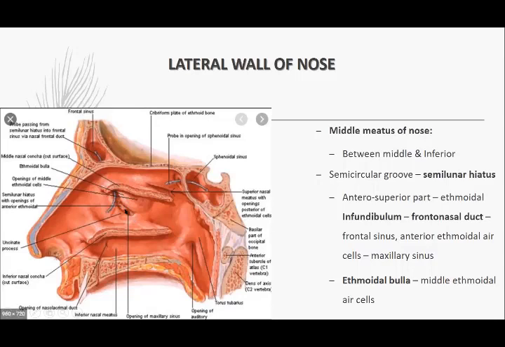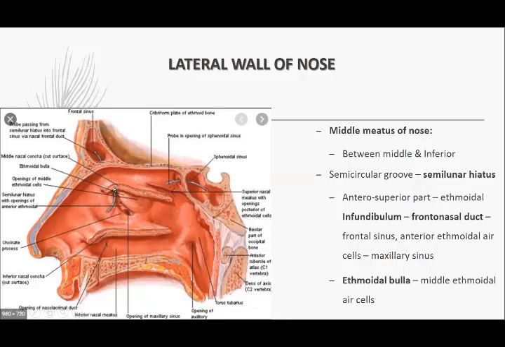Okay, the anterosuperior part of this hiatus, this is slightly dilated, and this anterosuperior part is called the infundibulum. So the anterosuperior part of the semilunar hiatus here is called the infundibulum, the ethmoidal infundibulum.